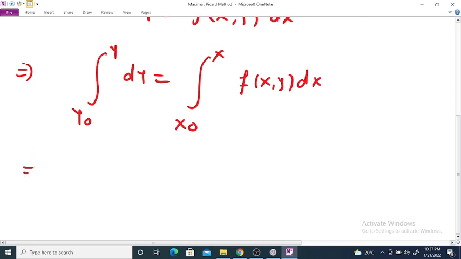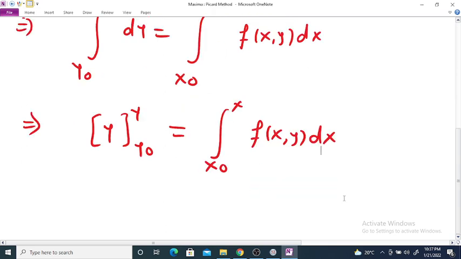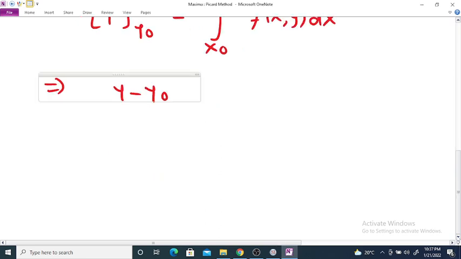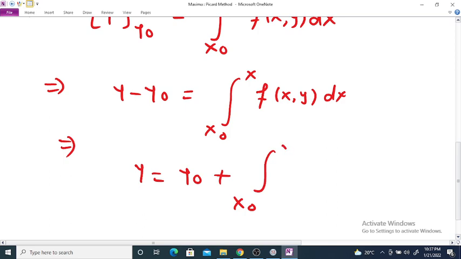This is the same as y equal to y0 plus the integral x0 to x f of xy dx.